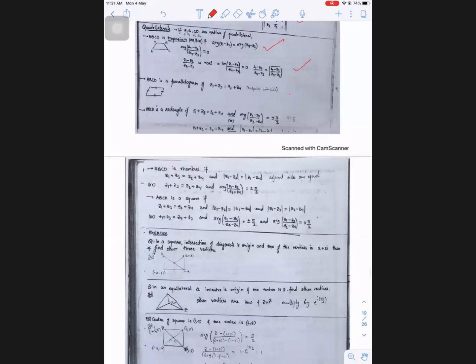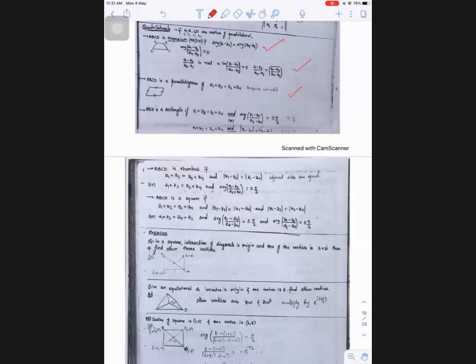Next, ABCD is a parallelogram means the midpoints of the diagonals are the same: midpoint of AC equals midpoint of BD. That is enough. Instead of writing many parallel conditions, the best method is Z1 + Z3 = Z2 + Z4. For a rectangle, it must be a parallelogram and one angle is 90 degrees.